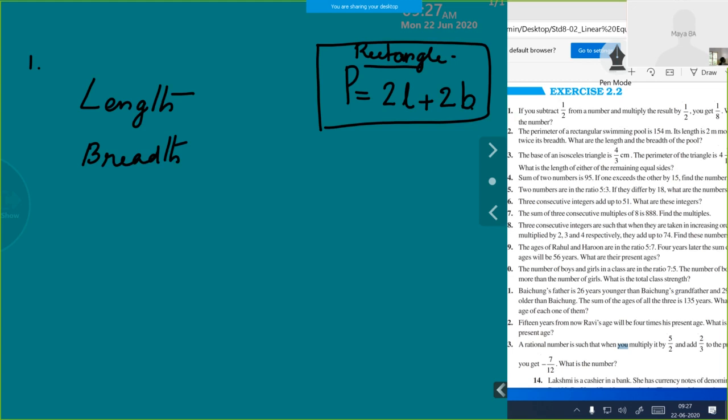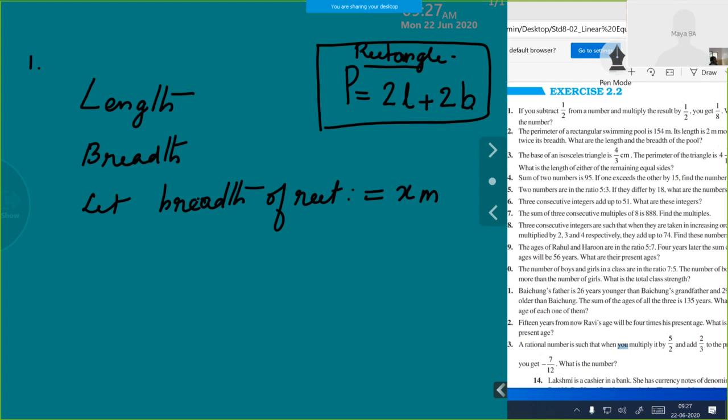So I'm going to take the breadth of the rectangle as x meter. Remember, when you assume, write with the unit, okay? x meter.